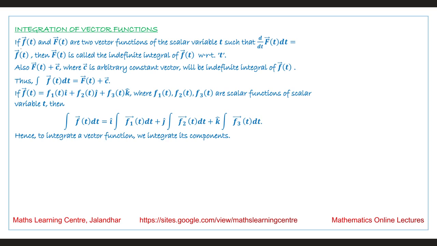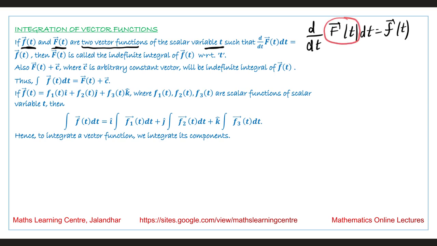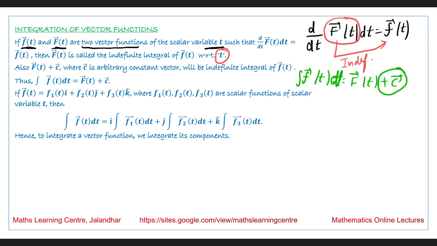If we have two vector functions, f vector t and F vector t, of the scalar variable t such that d by dt of F vector t is equal to f vector t, then the function capital F vector t is called the indefinite integral of the function f vector t with respect to t, and we can write the integral of f vector t dt is equal to F vector t plus c vector, where c is the constant of integration.